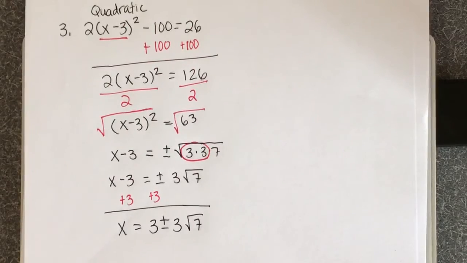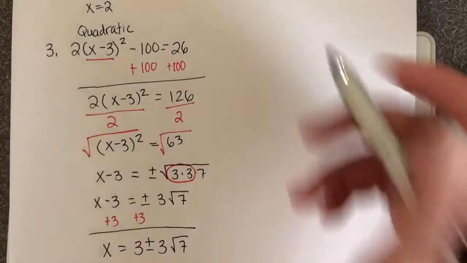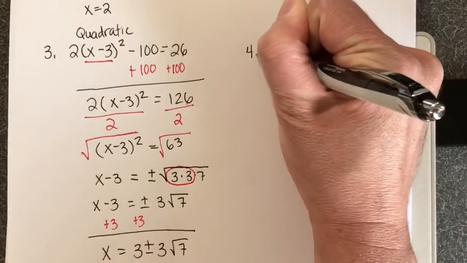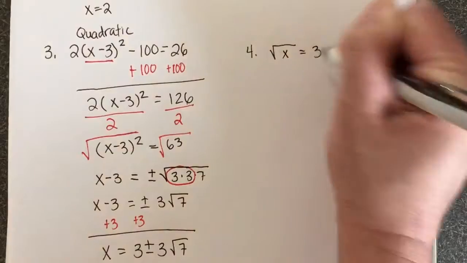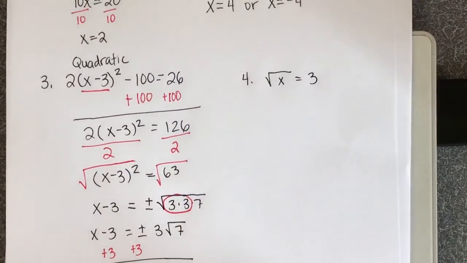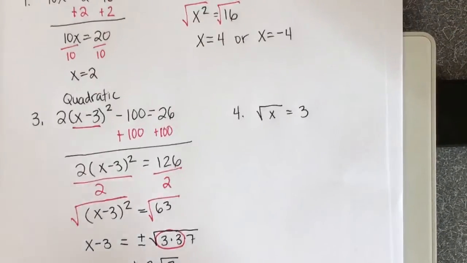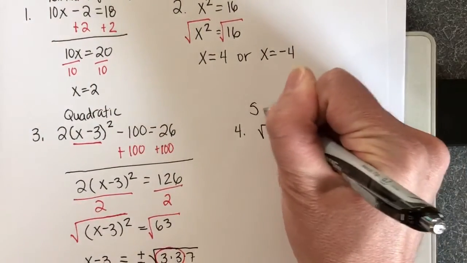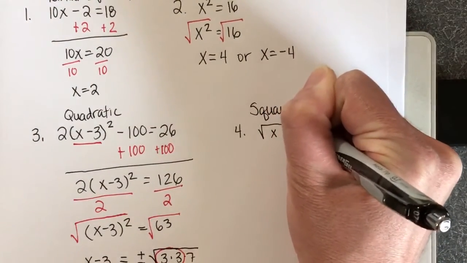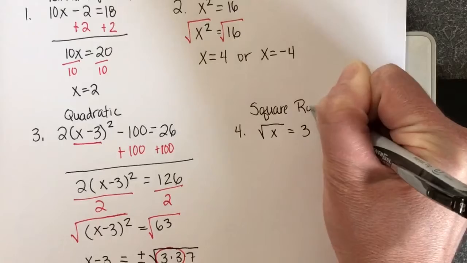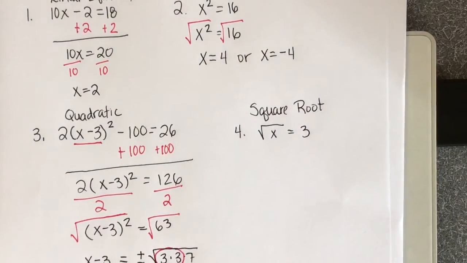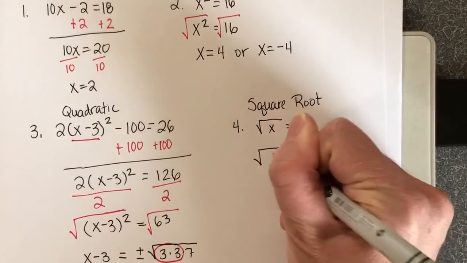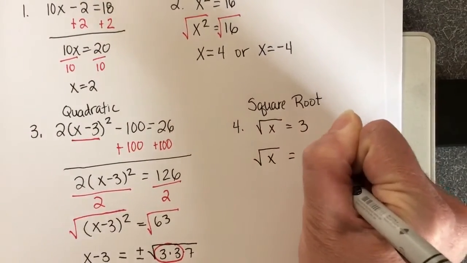So the last example that I gave you is about today's lesson. So you have the square root of x is equal to 3. So this one is not a quadratic, but this is a square root function. But just like we've been doing, to undo a square root, you always want to do the opposite. So the opposite of a square root is to square.